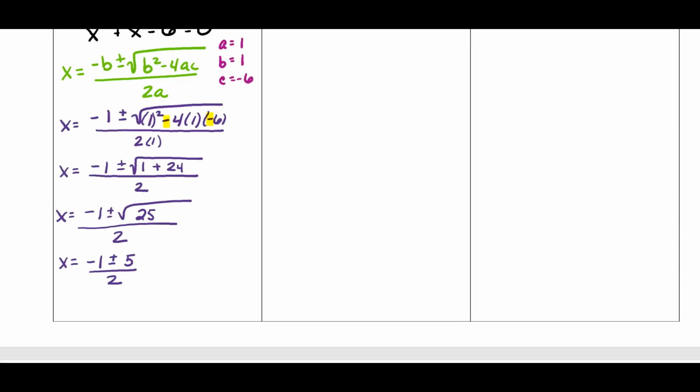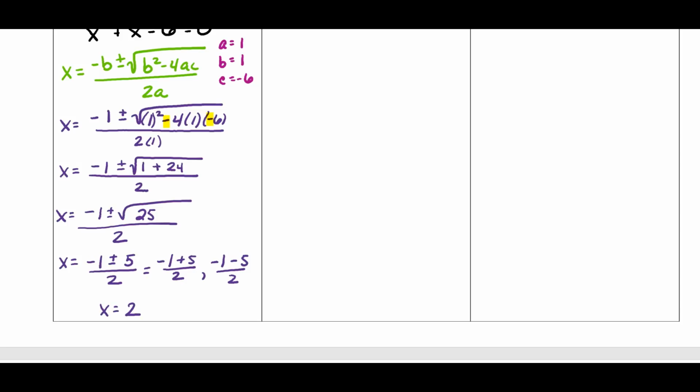Now we need to actually simplify this down. This actually means -1 plus 5 over 2 and -1 minus 5 over 2. So -1 plus 5 is 4, and 4 divided by 2 is 2. So our first solution is 2.